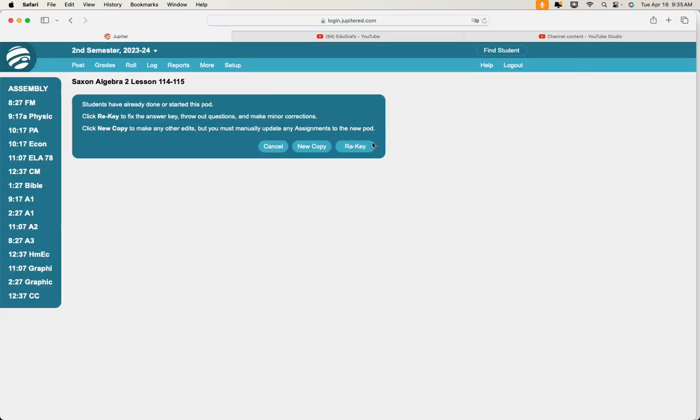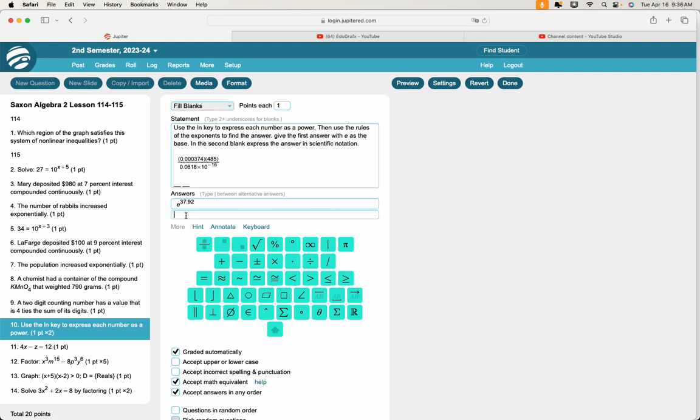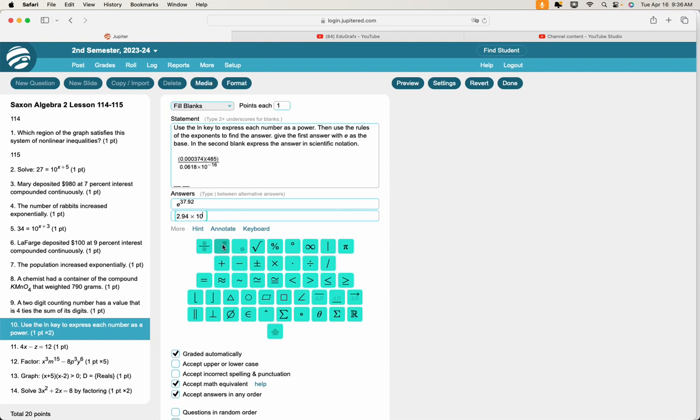So let me do that again. Rekey. Keyboard, Algebra 2. 2.94 times 10 to the 16th power. That's what we want.